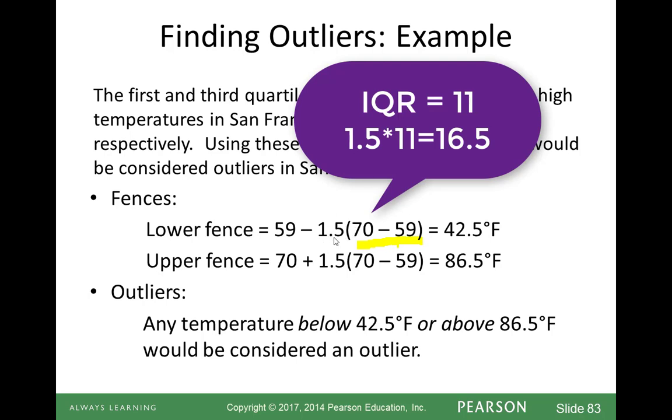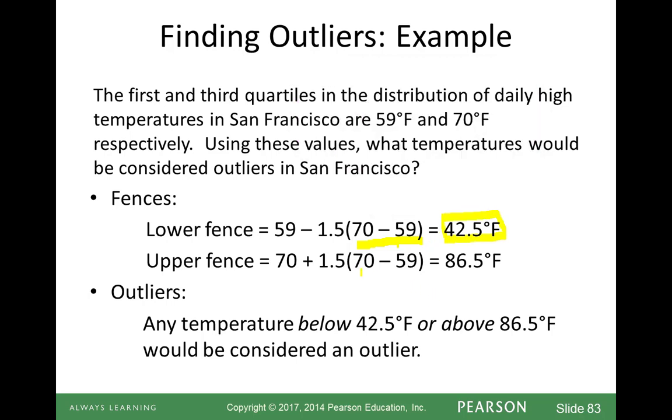We take that times 1.5 and subtract it from 59 to get 42.5 as our lower fence. We take that difference times 1.5 and add it to 70, and 86.5 is our upper fence. Now, I was in San Francisco this summer, and I think it was 100 degrees, so I'd say that was an outlier. Official outliers are below 42.5 and above 86.5 degrees Fahrenheit.